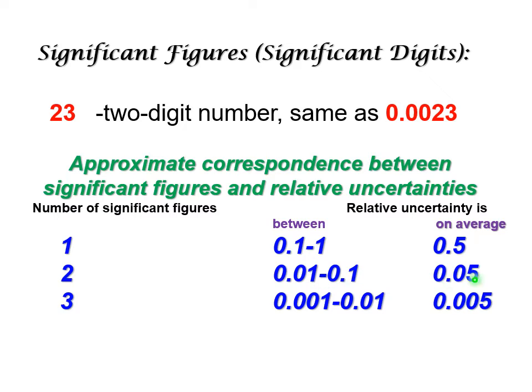On average, it's 5%, or in fractions 0.01 to 0.1. Three-digit numbers, 0.1% to 1%, or 0.001 to 0.01 here. On average 0.5%, and so on. We can continue that, but relying on significant figures only is very bad practice, to say the least.